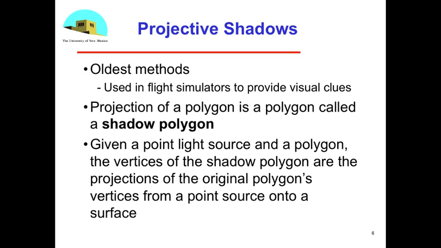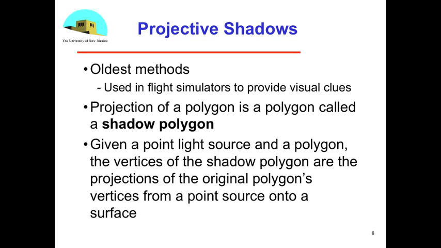Also, the lighting model we're going to be talking about in the next few lectures was partly due to him. Okay, so some of these oldest methods come up, as I said, in flight simulators, where you want those visual cues, but those early flight simulators were basically very simple polygon models. They did this kind of pipeline rendering, but with a limited number of polygons.